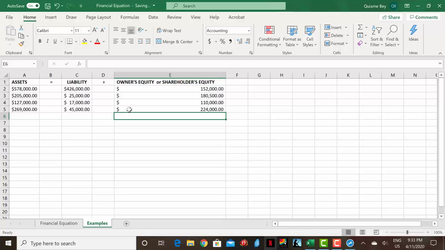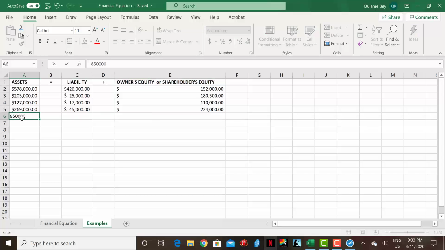A Helping Hand Inc. has a chief financial officer who must report to the chief executive officer on the amount of current total liability. The CFO knows for certain that the company's total assets are $850,000. She also knows that the stockholders' equity is $675,000.